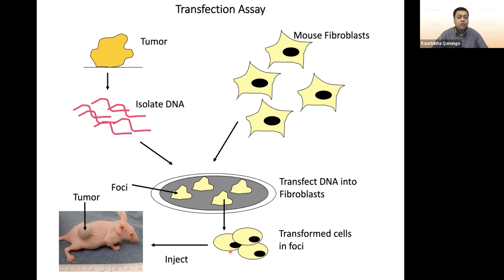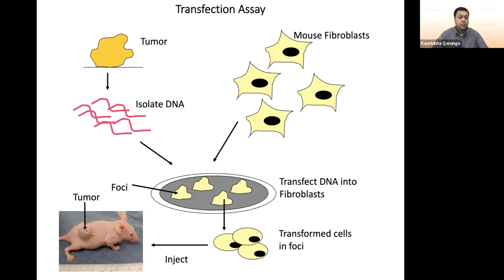Now, if you take these piles of cells from these foci, the transformed cells, and inject them into a mouse, a special type of mouse, you will see the formation of a tumor. So why is this so, and what is happening here? The important thing is that the scientists understood there must be something in the DNA of these tumor cells that is causing that cancer.